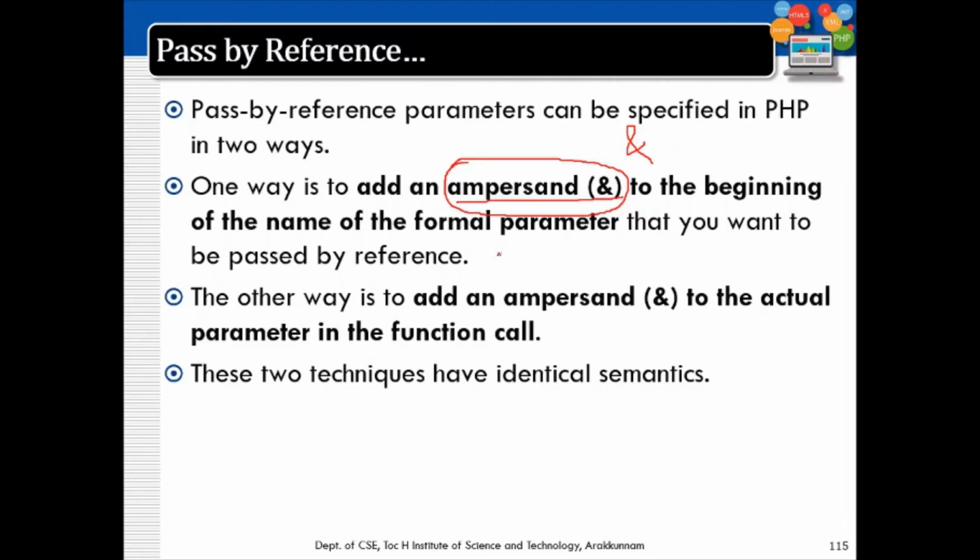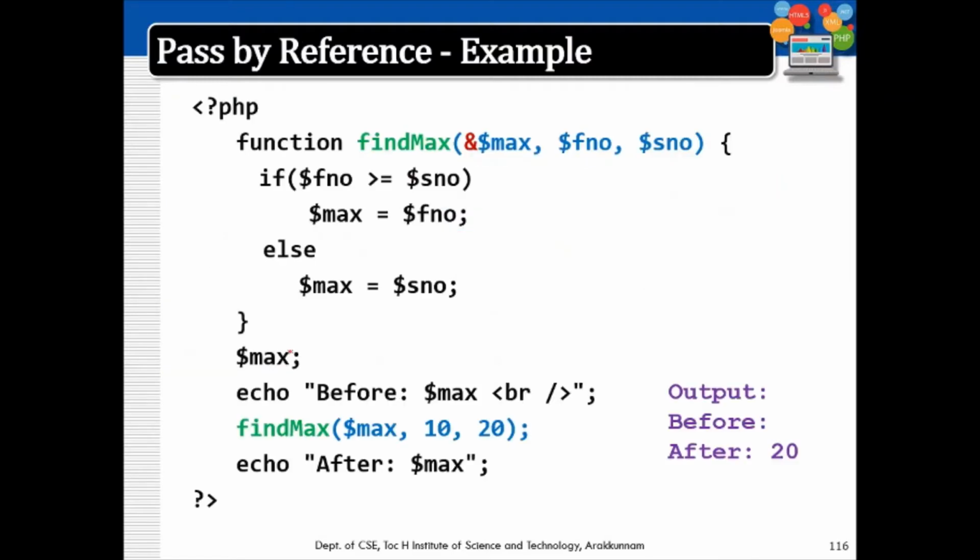One change here is that we can add the ampersand symbol at either the formal parameter or the actual parameter. Normally we put the ampersand at the call location, that means the actual parameter, but in PHP we can make it a reference by adding the ampersand at the formal parameter or the actual parameter.